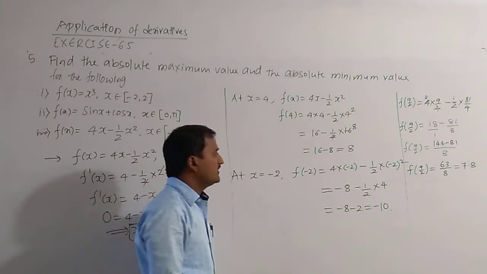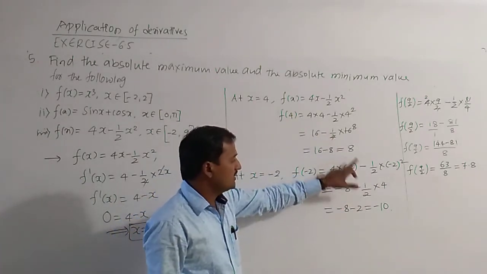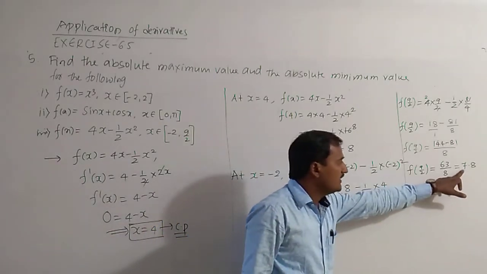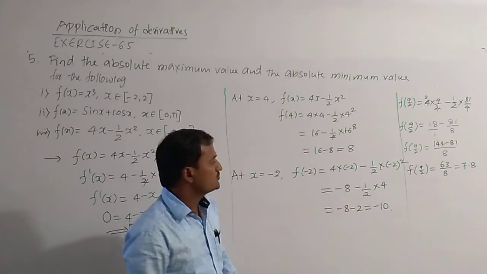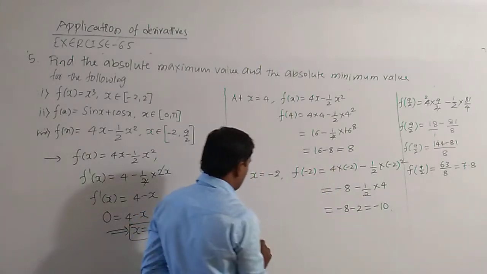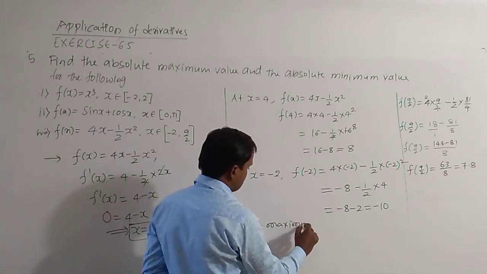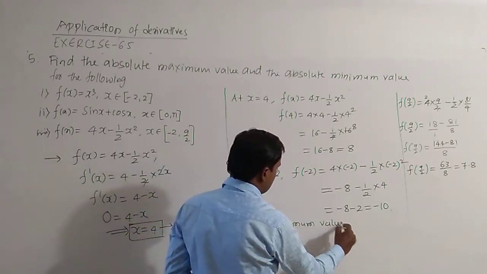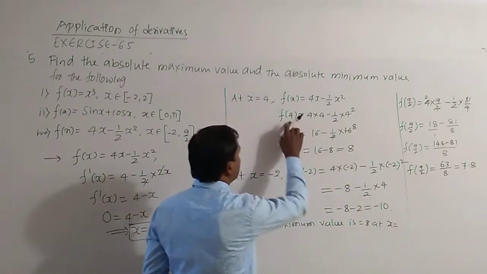Okay. Now here you should observe we are getting the three functional values, 8, -10 and 7.8. So here which one is more? So clearly 8 is more. So therefore absolute maximum value is 8 at the point x equal to 4.